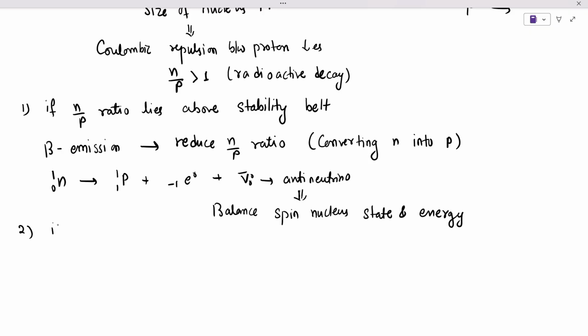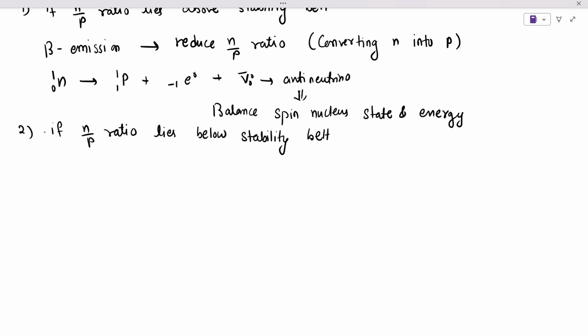The second case is if neutron by proton ratio lies below the stability belt. In the second case, we also have two possibilities. The first one is positron emission, meaning emission of a positive electron. When neutron by proton ratio is low, positron emission occurs.